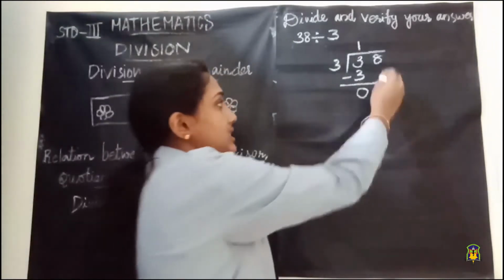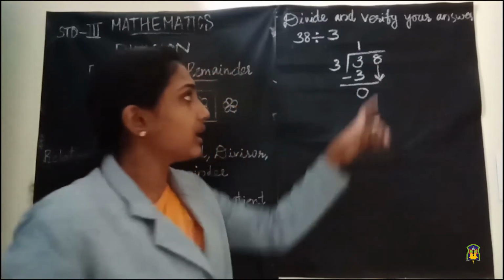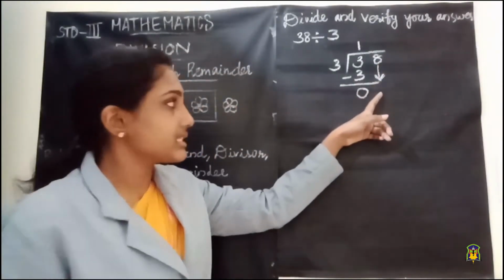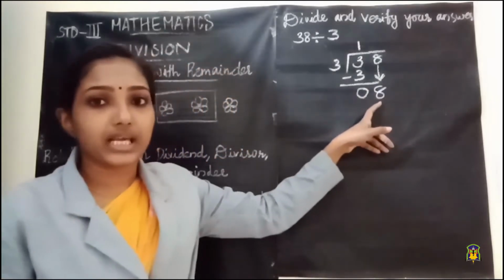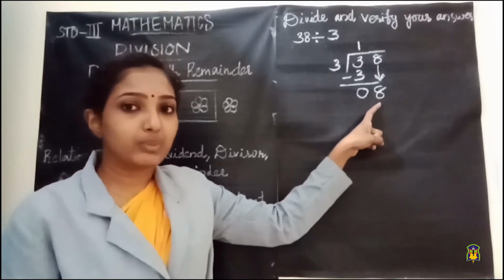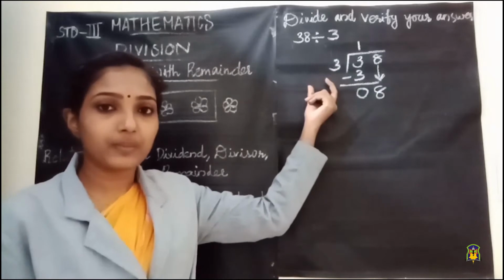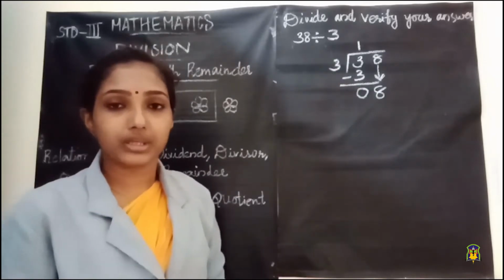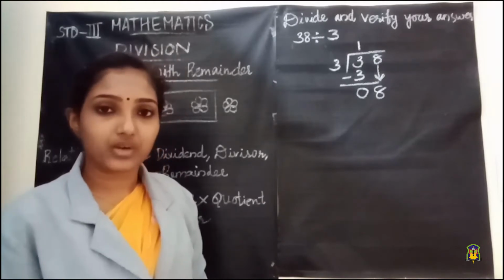Next we have to bring down the next digit in the dividend. We are bringing down the next digit and it is 8 here. Now we want to check whether we can find 8 in the table of 3. 3 into 2 is 6 and 3 into 3 is 9, so we cannot find 8.